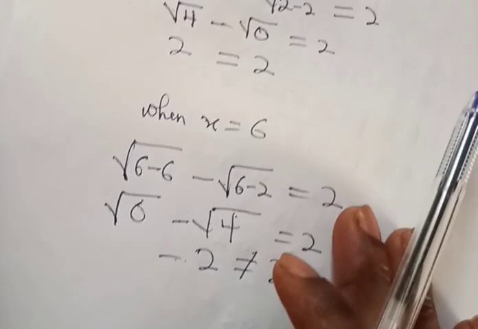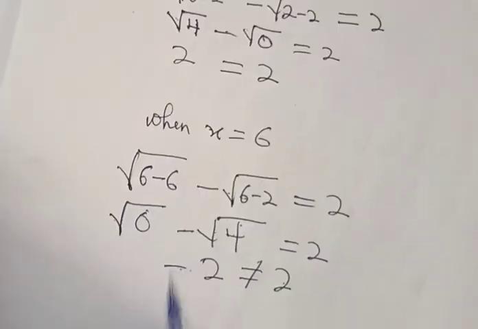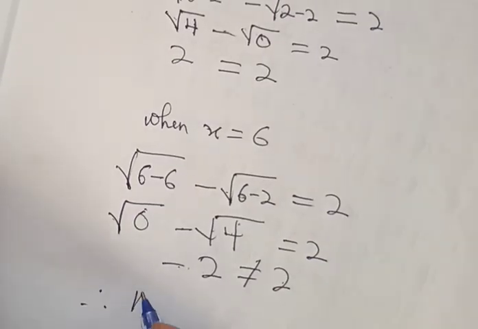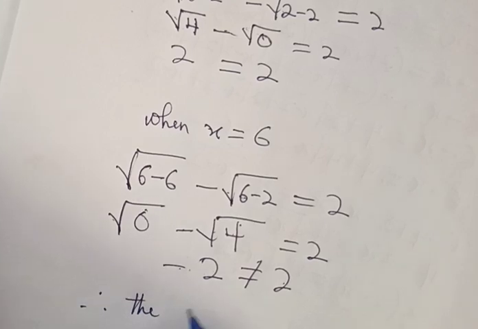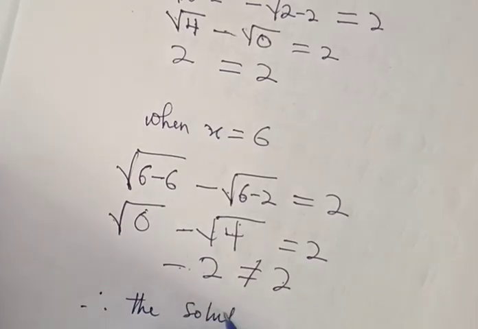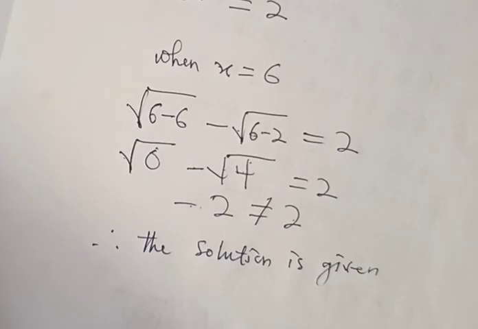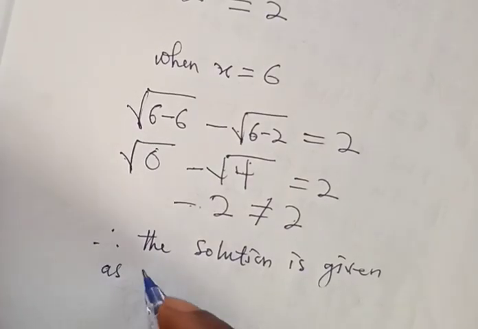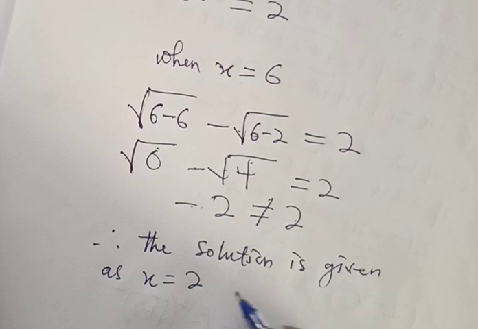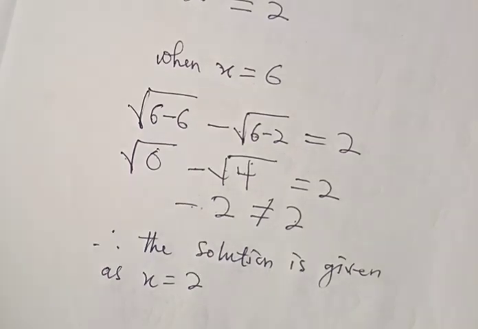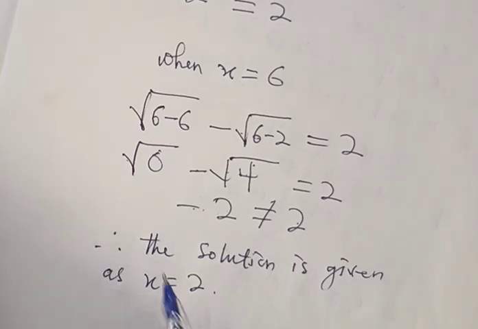So once it is so, you conclude that therefore the solution is given as x is equal to 2, since it satisfies the condition. That's all. Have you gotten that? Therefore, the solution is given as x is equal to 2. So it is the 2 that satisfies.